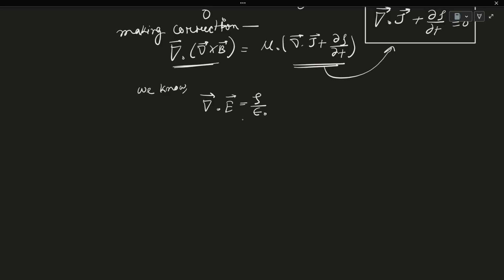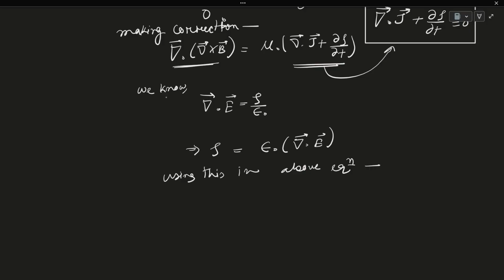This is Gauss law in electrostatics. So rho is equal to epsilon del dot E. Now replace it in the above equation.